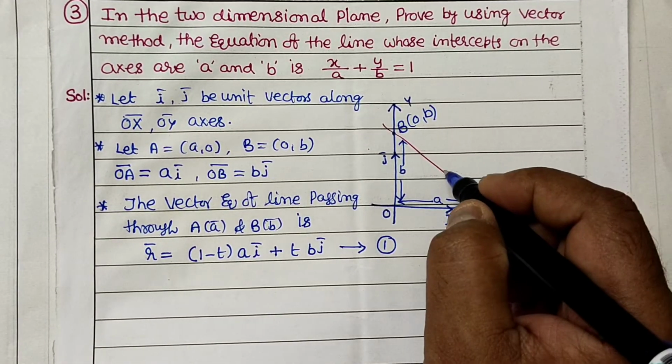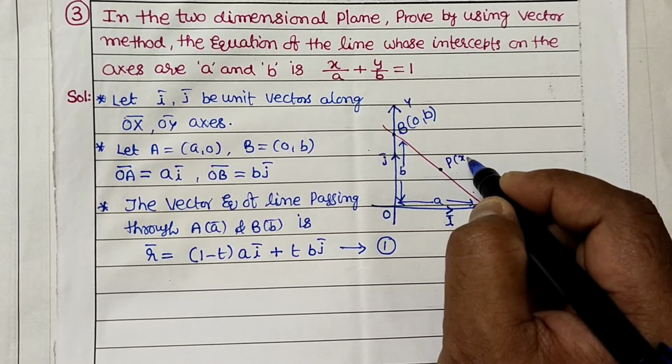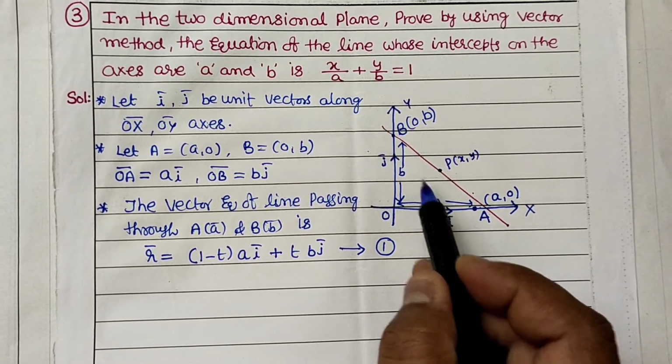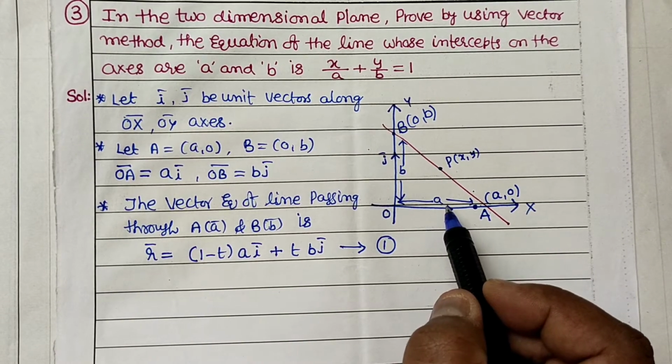If you take any point on that line, P of x comma y, from here to here it is y units, from here to here it is x units.